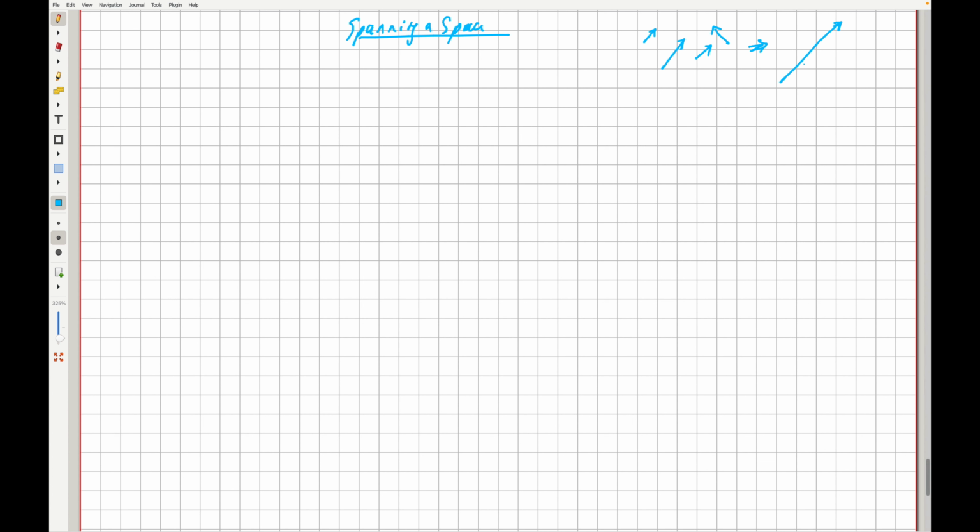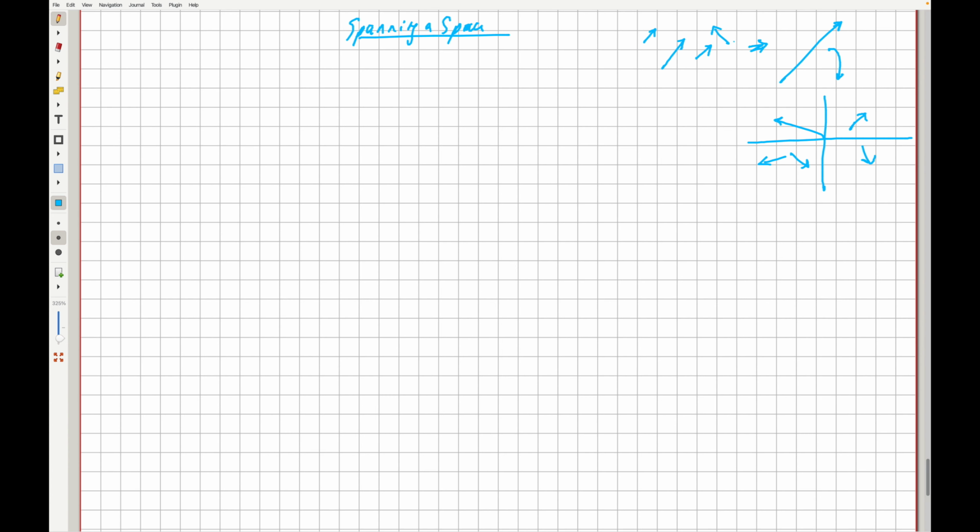And can we then extrapolate this to saying that if we have a 2D space, can we create a vector, or an arrow, in any position in this 2D space?